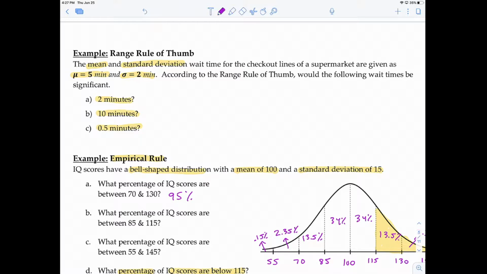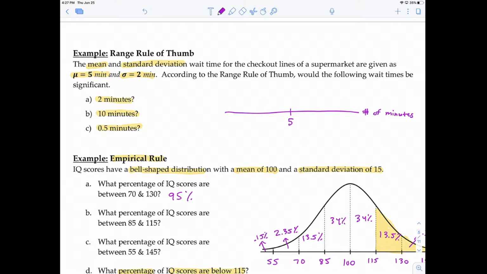Using the range rule of thumb, you're going to figure out the values which separate the significant values from the ones which are not significant. If we look at a number line, the number line here represents the number of minutes for the wait time, and the average is 5, and each standard deviation is 2.